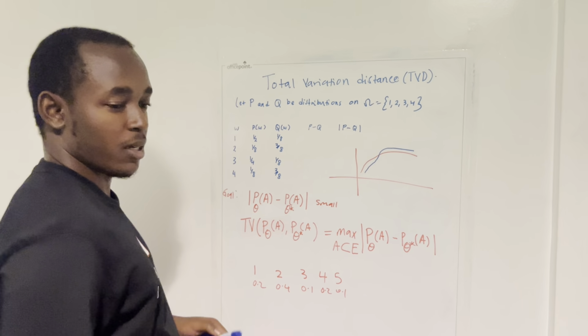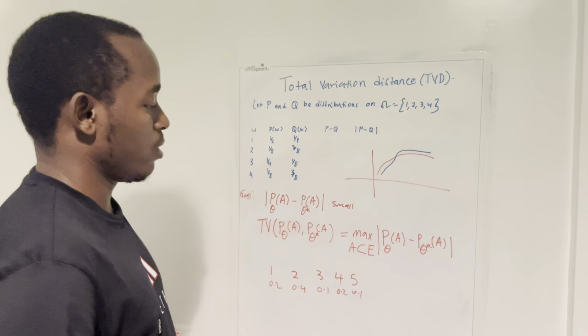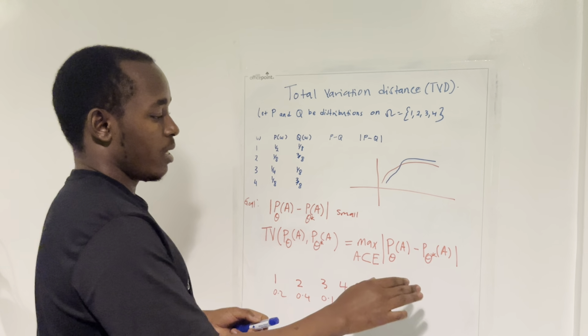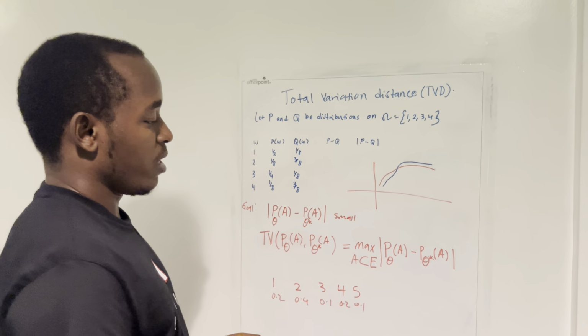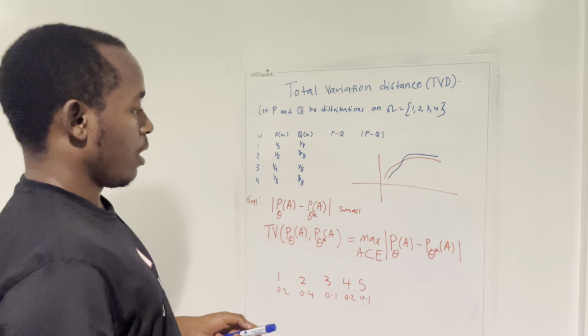I mean, not exactly very informative, but I'm going to prove and show how it's actually used, which is really you find the absolute value of the maximum difference between these two distributions.